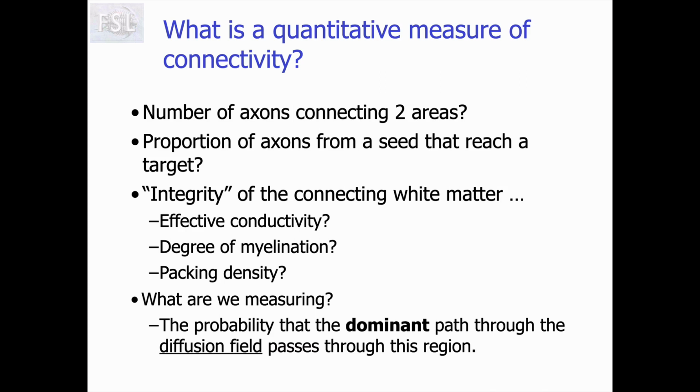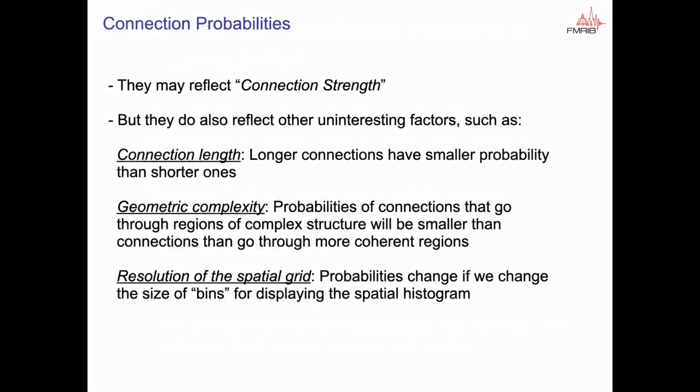And even that normal deterministic tractography is mainly just trying to claim something about whether a connection exists or not, not about the strength of that connection. Now, often you will still see this number of streamlines referred to as a connection strength. And that's not completely without any basis.